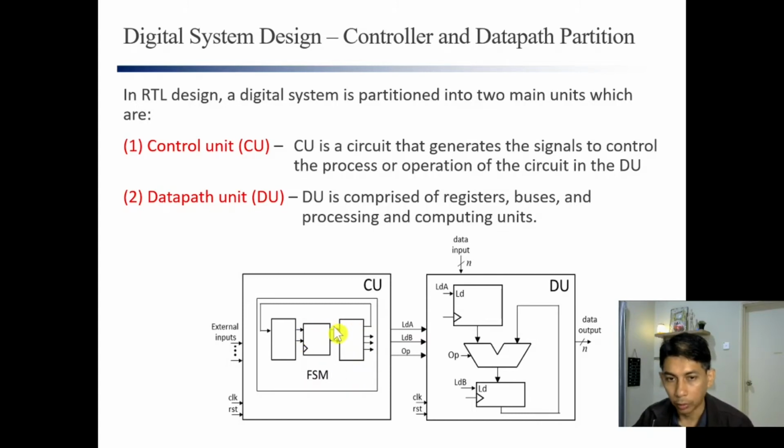At state 1, for example, what is the output sequence here? At state 2, what is the output sequence here? What to do? At state 3, what to do? To control the operation of this circuit. This one we also learned in chapter 4. Now we will combine these two to make a complete digital system to process the data.